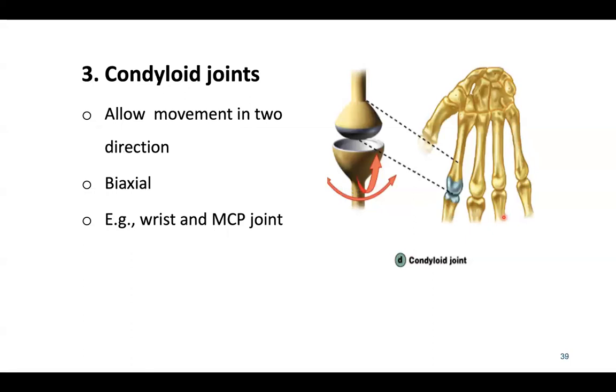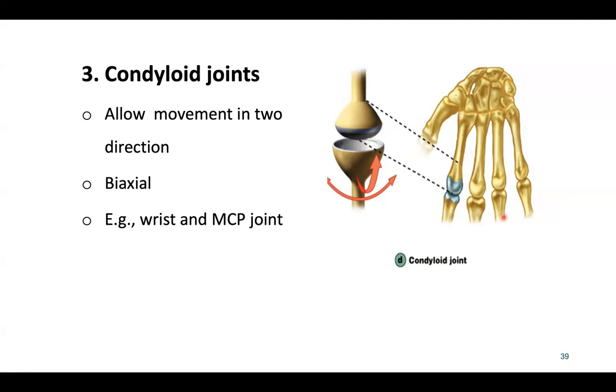The third type is a condyloid joint. In a condyloid joint, a concave end of one bone articulates with a convex end of another bone. But this time, these joints are biaxial. They allow movement in 2 axes: flexion and extension in one axis, and abduction and adduction in another axis.